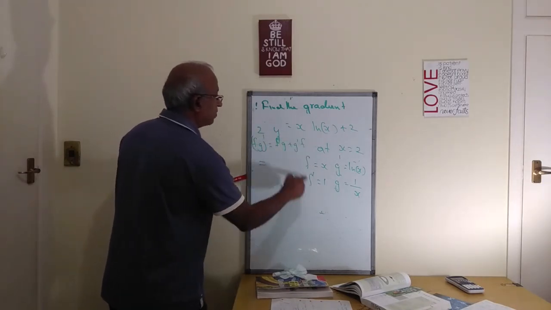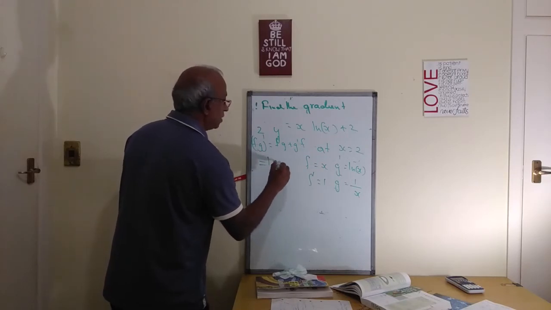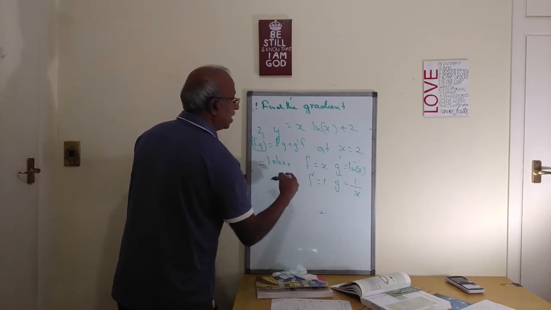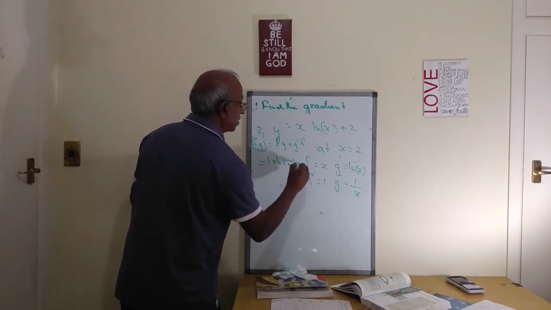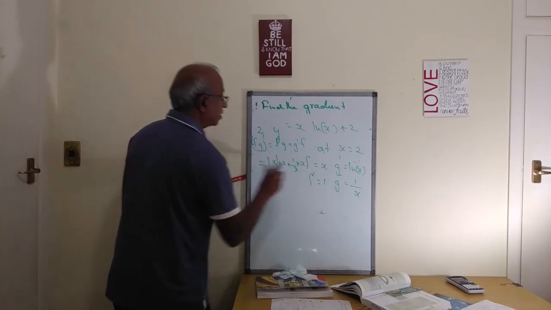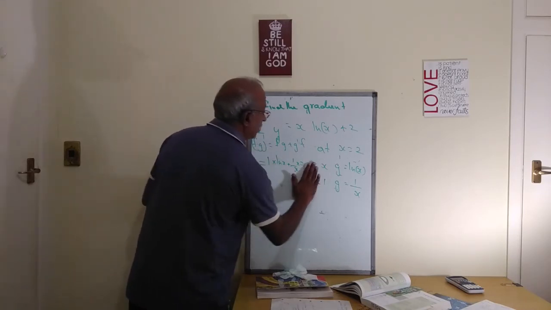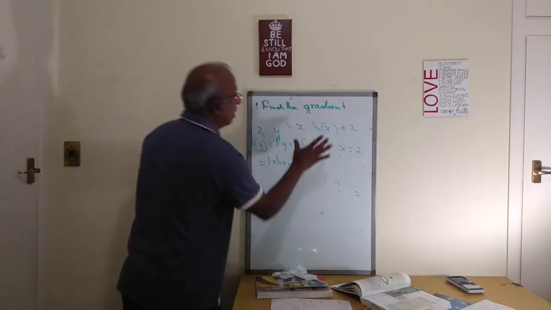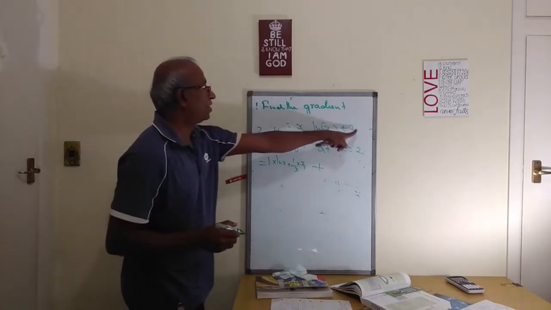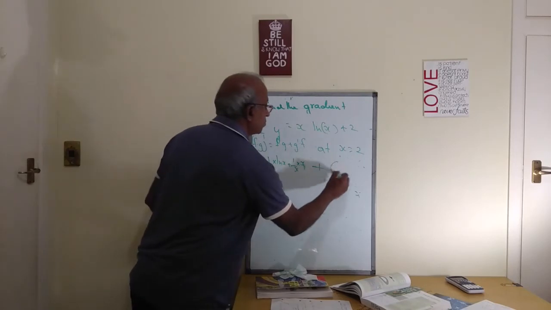That is equal to f dash is equal to 1, g is equal to ln x, plus g dash is equal to 1 over x, times f is equal to x. Alright, that is how we have differentiated this one, plus, when you differentiate 2, it becomes 0.